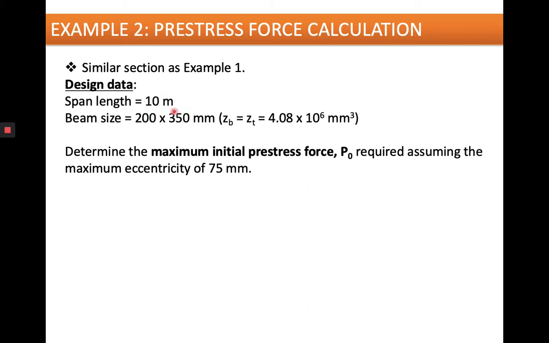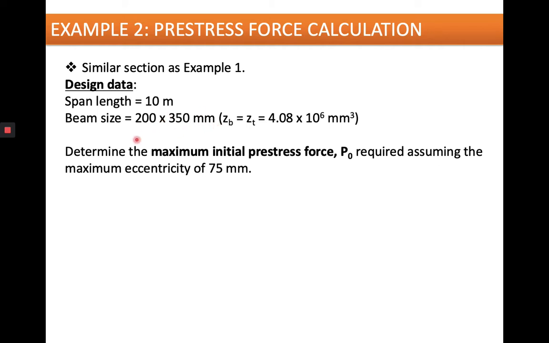We have a span length of 10 meters, and a beam size of 200 times 350 mm. Previously in example 1, we have already calculated the section modulus, and also determined or proposed the beam size to be used for our section.